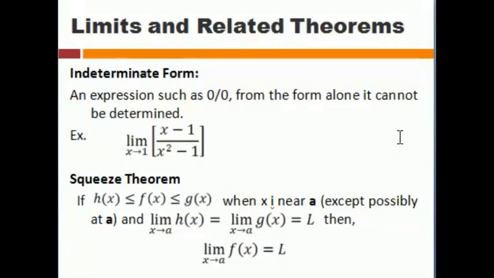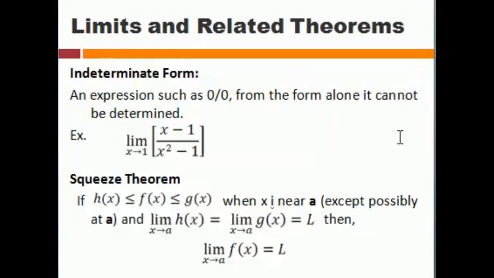In the denominator, 1 squared minus 1 is still 1 minus 1, and 1 minus 1 is 0. 0 over 0 is an indeterminate form. Later, I will show you how to solve problems if you have an expression that is indeterminate.